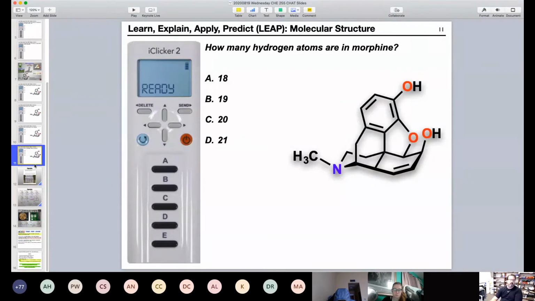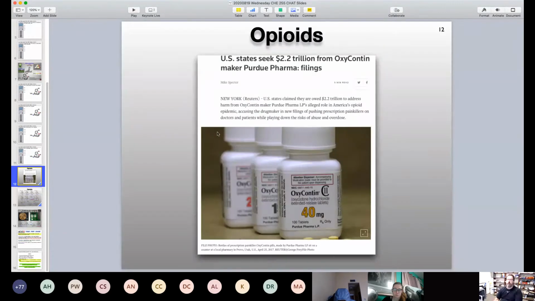So I want to show 3 more slides on opioids. This has been sort of a hot topic over the past couple years because of this company right here, Purdue Pharma, which produces OxyContin.